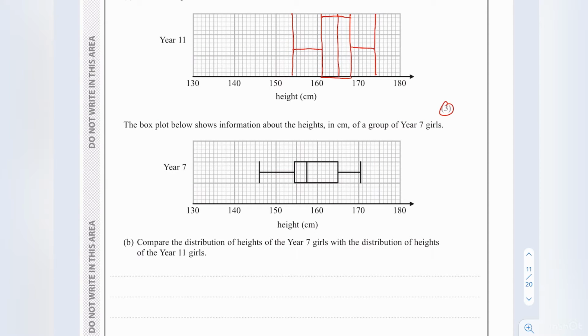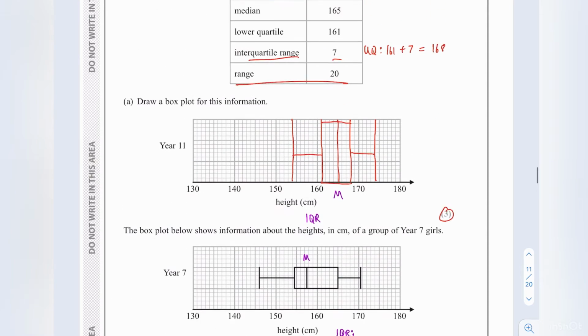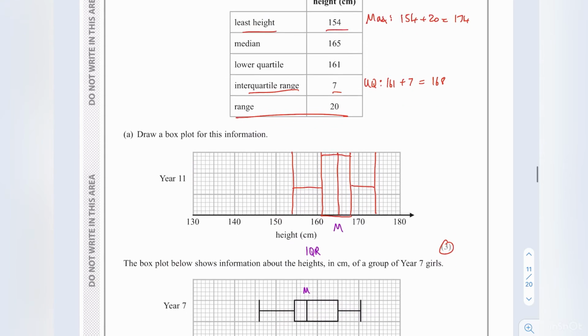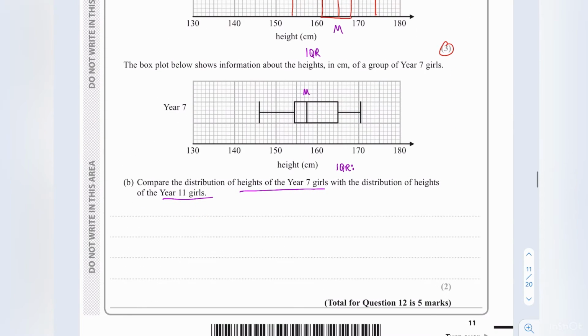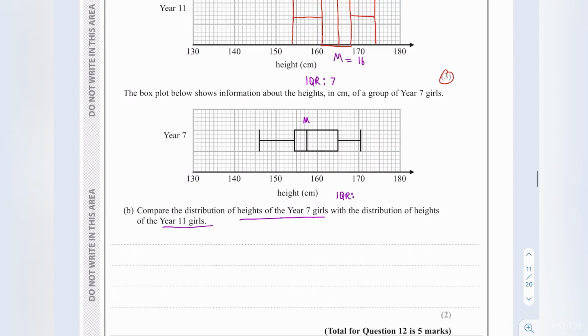So here in part B, it asks us to compare the distribution of heights for Year 7 girls and Year 11 girls. Well, we know we need to compare our medians and then our interquartile ranges. Our interquartile range for the top box plot was 7 and our median was 165.